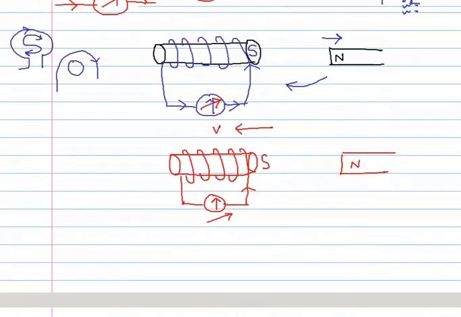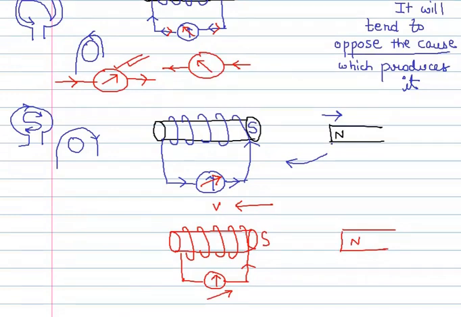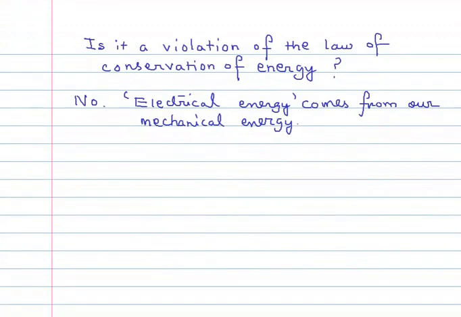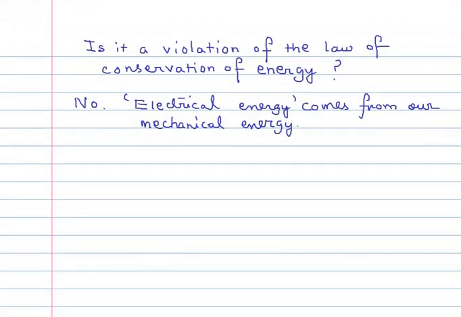So whenever we, the users, are either moving the magnet or the coil towards each other or away from each other, we are doing some work on it. So we are using mechanical energy that is getting stored in the coil as electrical energy. So it's not a violation of conservation of energy. Basically the mechanical energy is getting converted to electrical energy.